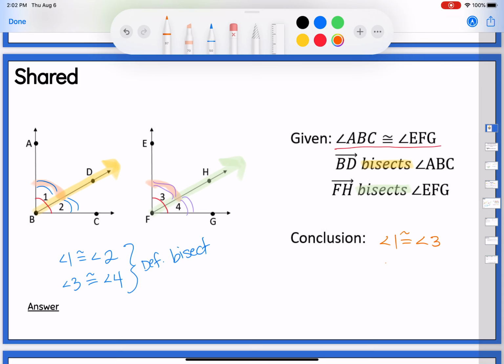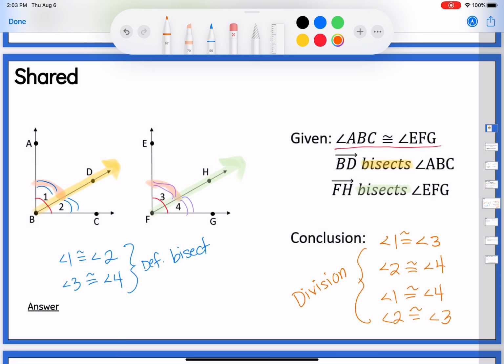Or you could have said angle 2 is congruent to angle 4. That would be the division property. Or you could say angle 1 is congruent to angle 4, or angle 2 is congruent to angle 3. Any one of these would be the division property.